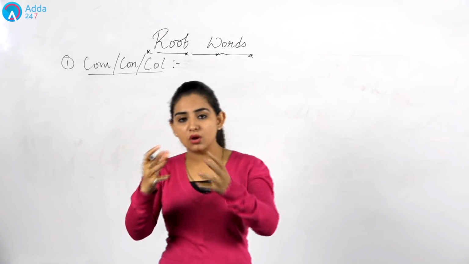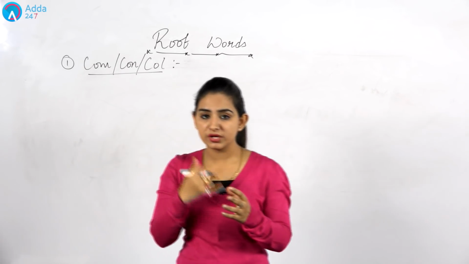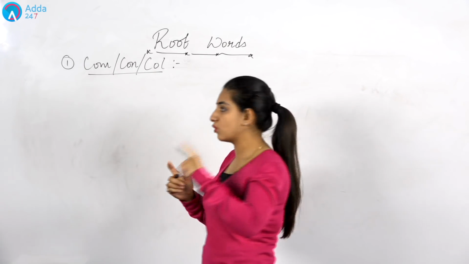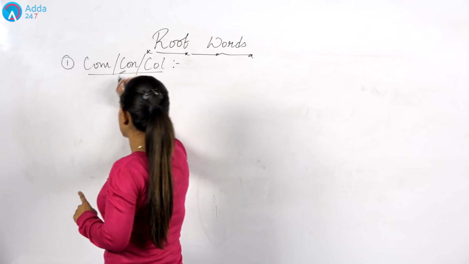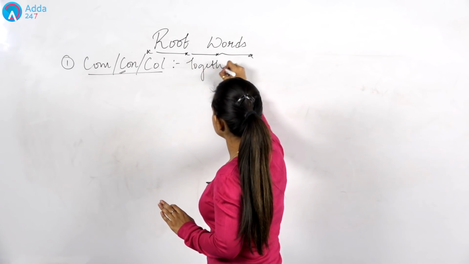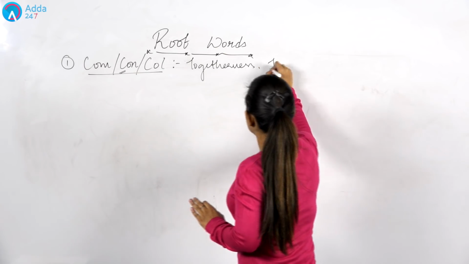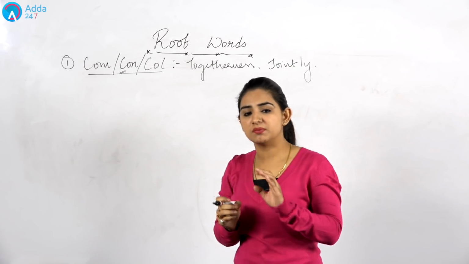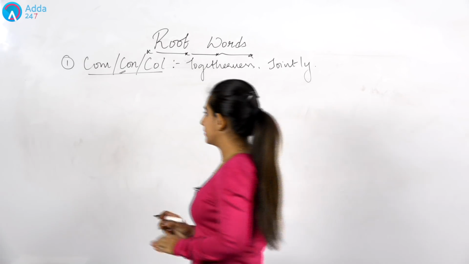Con-call means when a lot of people are sitting together and talking to each other on one single call, that is what we mean by con-call. So in short, you can associate con with what? Togetherness. You can connect it with jointly. Doing some work jointly is what we mean by com, col or con, right?